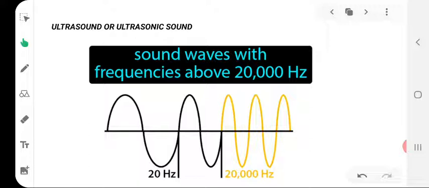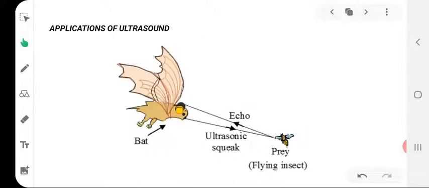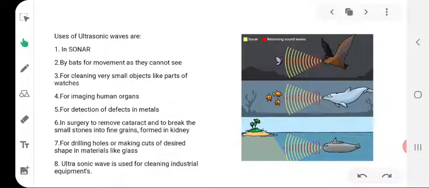Similarly, ultrasound beam is more directional and can be aimed towards any target just like a torch. So, these waves remain undeviated over long distances. Let us understand a few applications of ultrasound. Ultrasound is used in sonar for sound navigation and ranging.